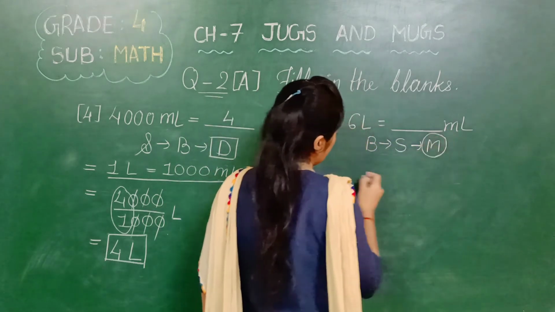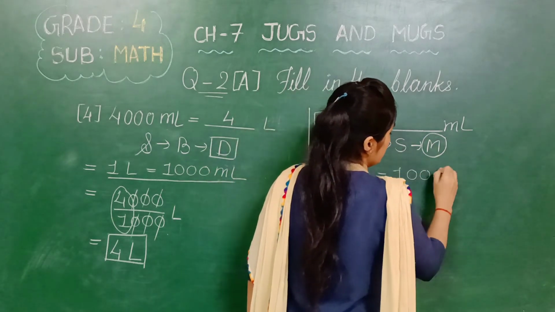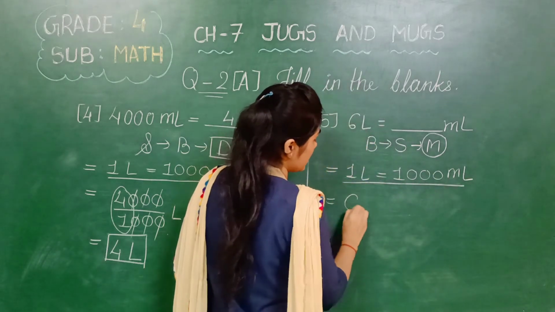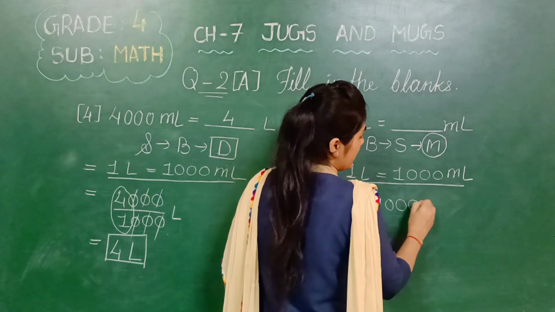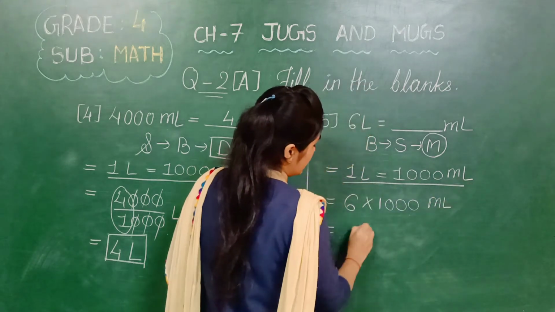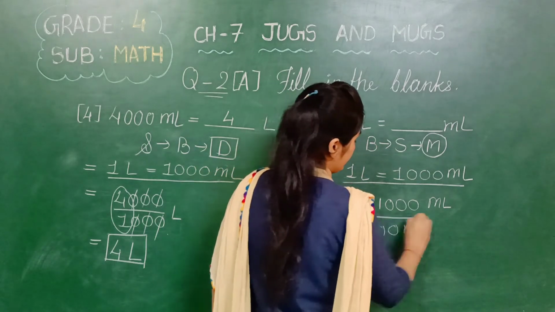As I told you, 1 liter is equal to 1000 milliliter. This is our formula, and we multiply 6 with this 1000. At that time we keep the milliliter unit at the back, and 6000 milliliter is our answer.